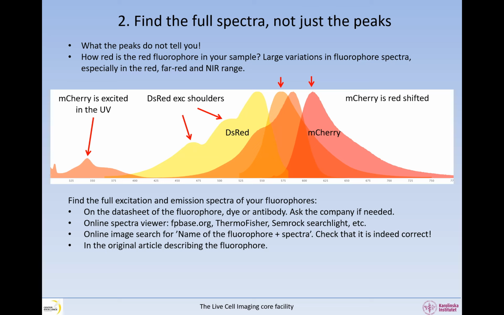If you do not find the spectra of the fluorophores in these viewers, you can also do an online search for the name of the fluorophore and spectra. But Google will always find things to give you, so make sure that where you are looking is indeed correct. And you can go to the original article describing the fluorophore.